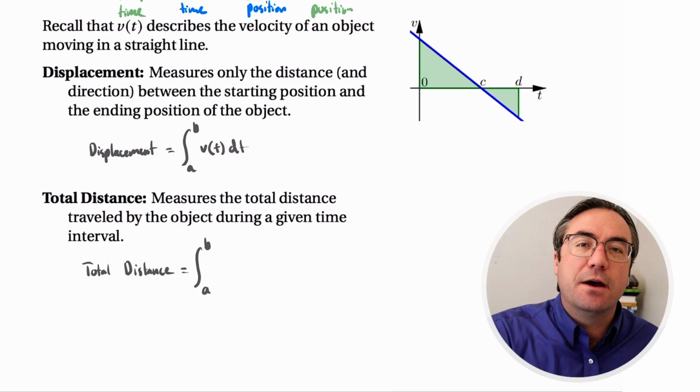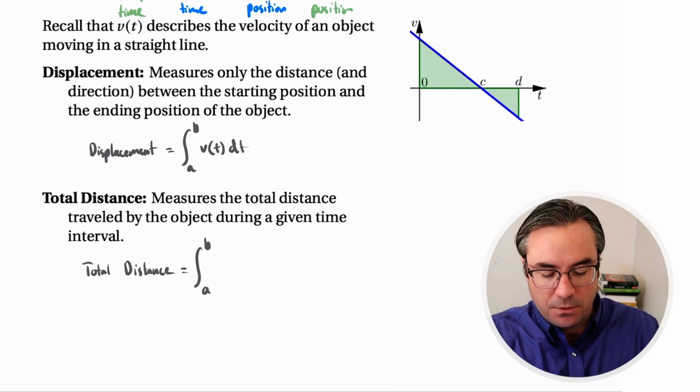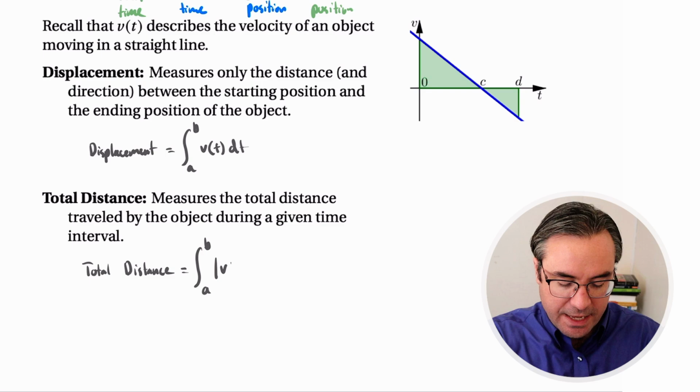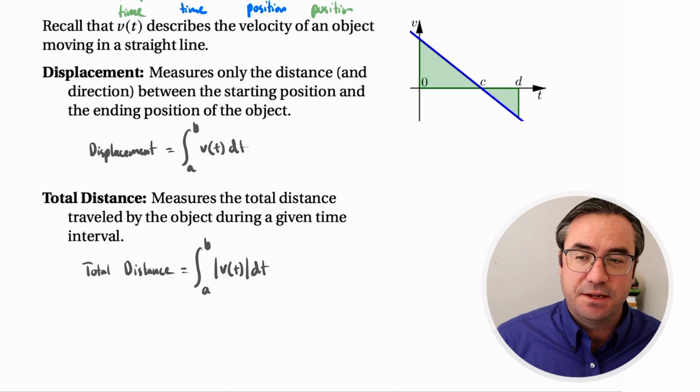So how do you get rid of the direction information? Well, you do the absolute value. If we integrate the absolute value of the velocity function, we get the total distance.